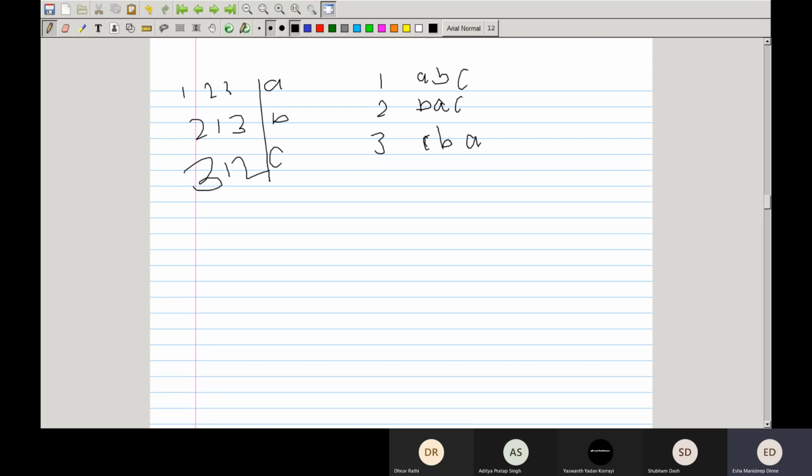Okay, these are the preference lists for each person. And so what will happen is, let's take up these are men and these are women.